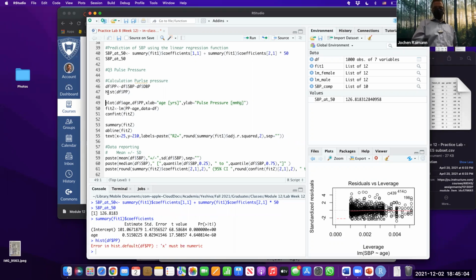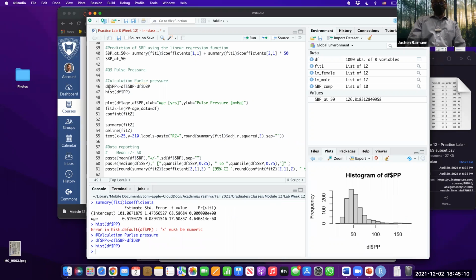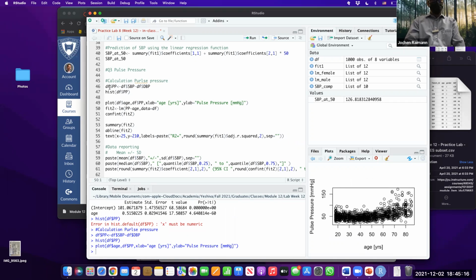If you're plotting this, you essentially get a considerably normal distribution. You can now plot this as a function of age, and you see that the pulse pressure shows a little bit of an incline with age, which goes hand in hand with what I just said.